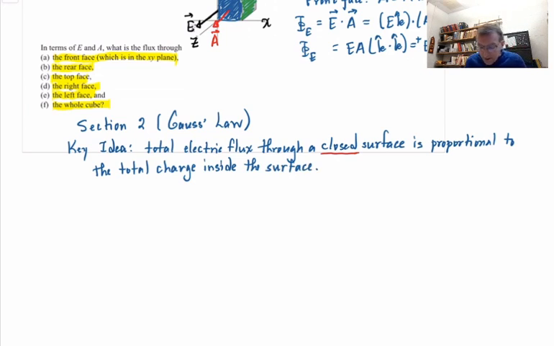The total electric flux through a closed surface is proportional to the total charge inside the surface.